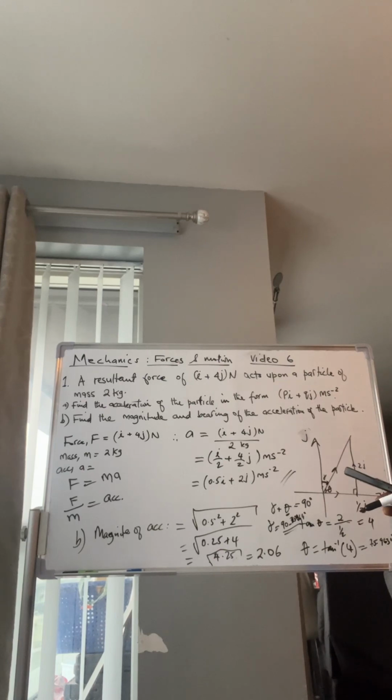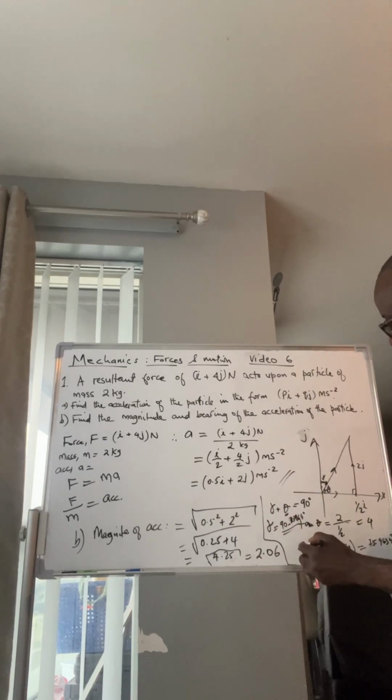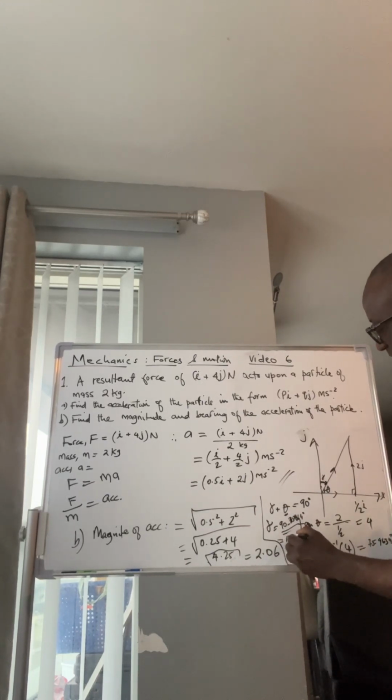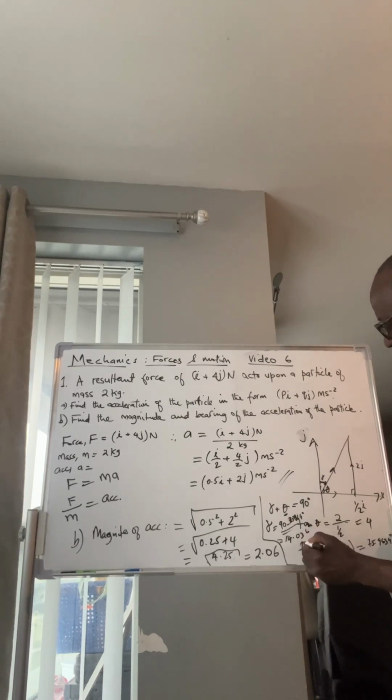You have 90 degrees minus 75.964, you got 14.036, which is, let's say, 14 degrees approximately.